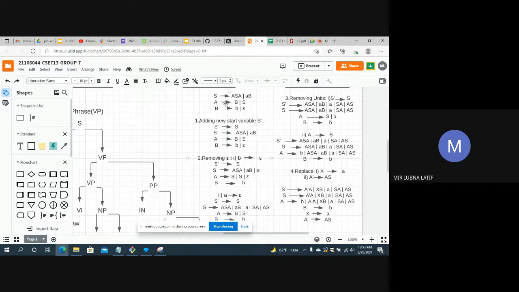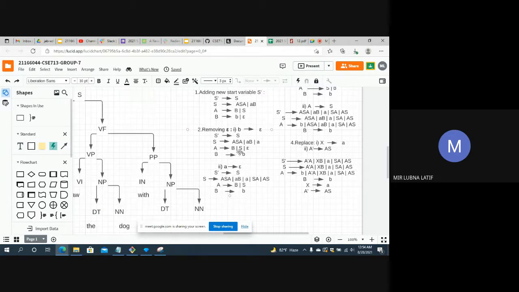at the beginning of this problem, and after that the second task is to remove the epsilon. For removing epsilon, we are going to replace that epsilon where it is B. That means A to B, and here we have written the values of B. After this you can see A also has the value of epsilon, so we have to remove A to epsilon.